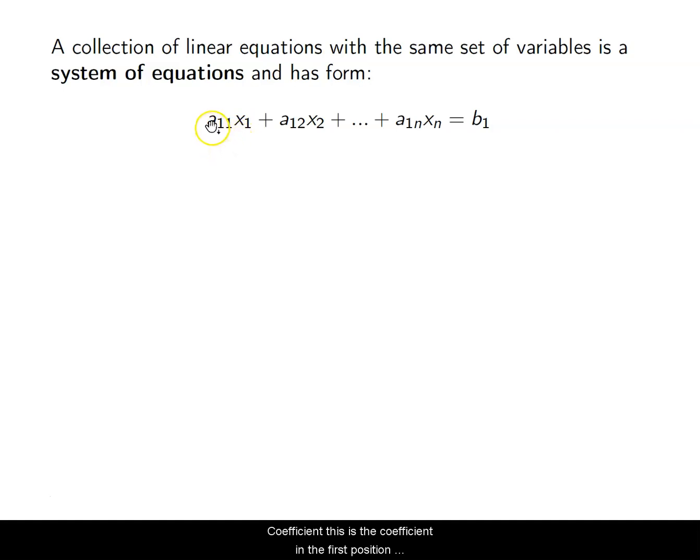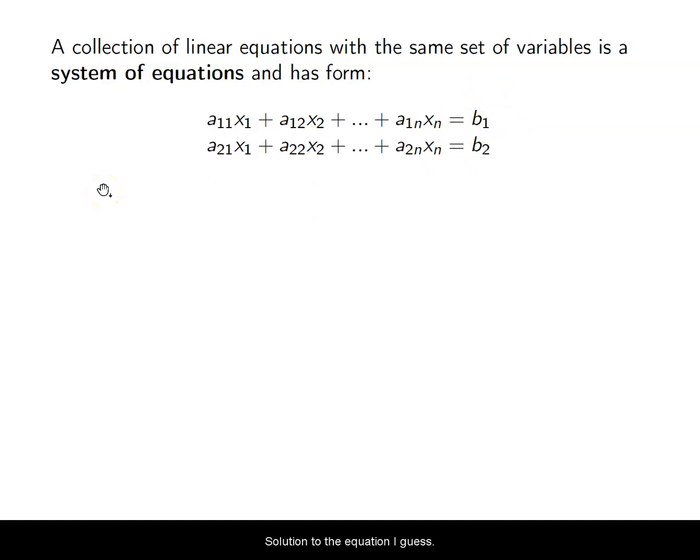This is the coefficient in the first position in the first equation. This is the coefficient in the first equation, second position. This is the coefficient in the first equation, nth position, right? Or attached to that nth variable. And this is my first solution to the equation, I guess, right?